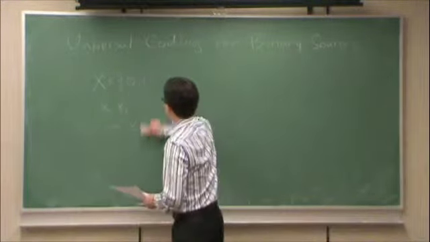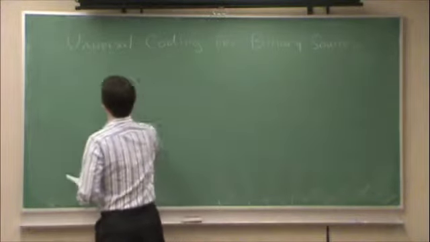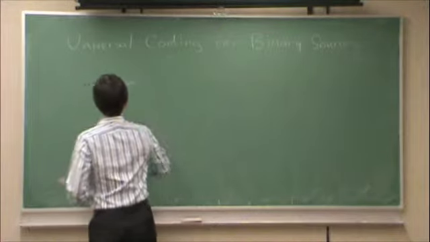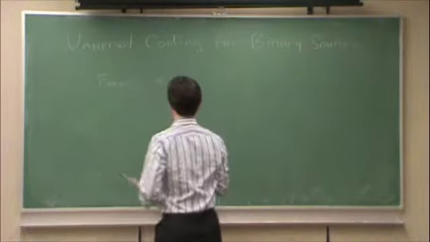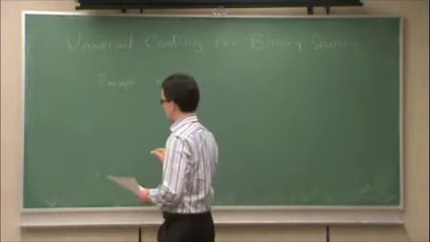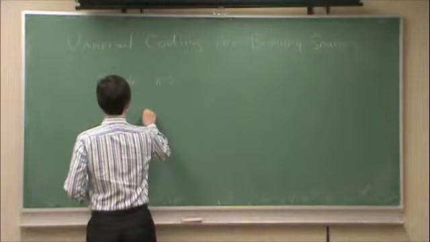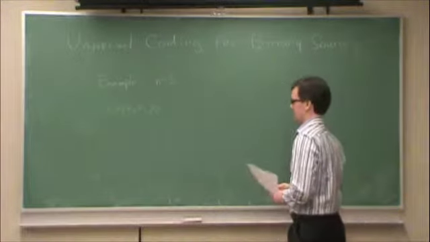So, let's have an example. Let's let n equals 5. So in other words, I have 5 binary source letters. Doesn't matter what they are, let's just represent them by symbols like that.